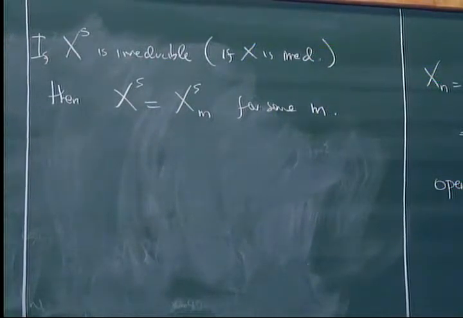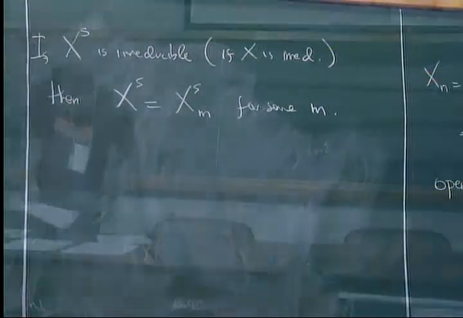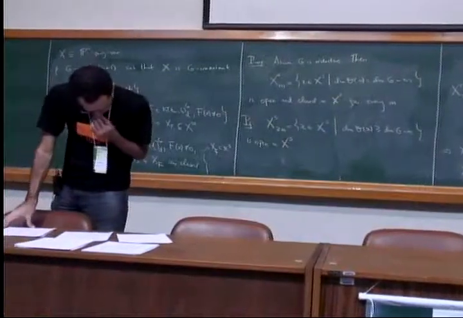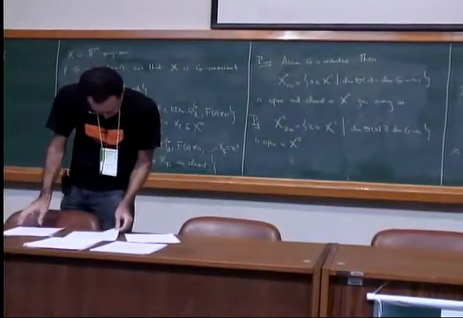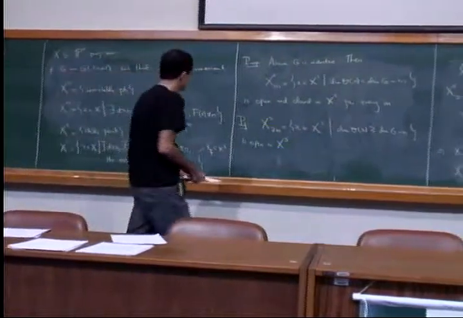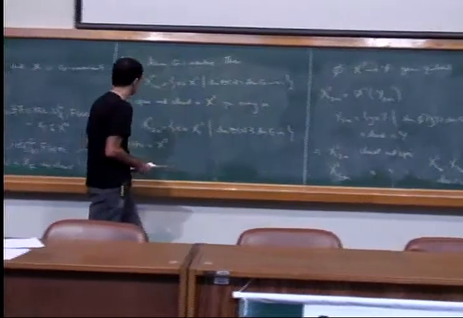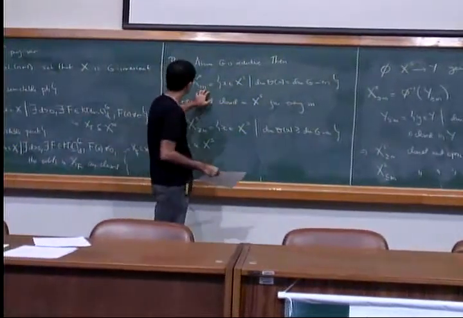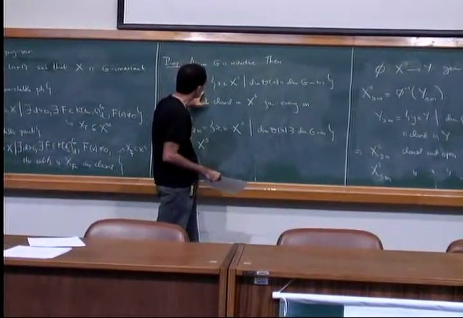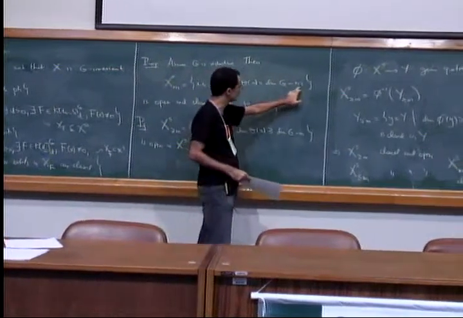So you have a decomposition of the stable locus, a disjoint decomposition, and then you have equality in this situation. So in a lot of applications, what happens is actually that the dimension of the orbit is maximum. That is, this M is equal to 0.